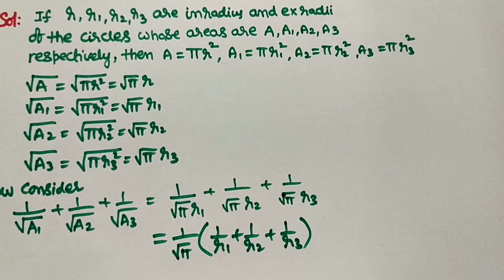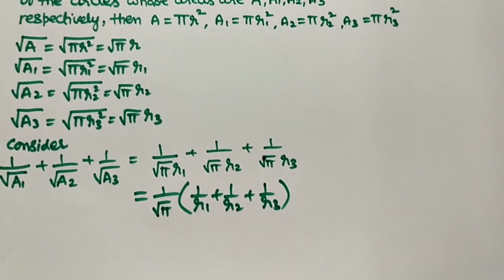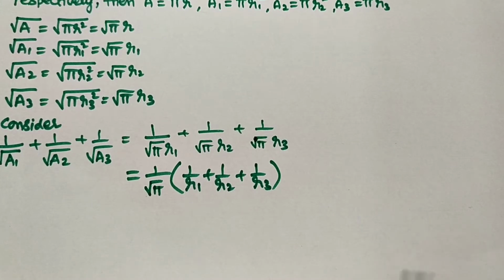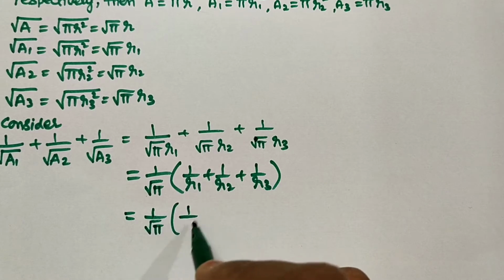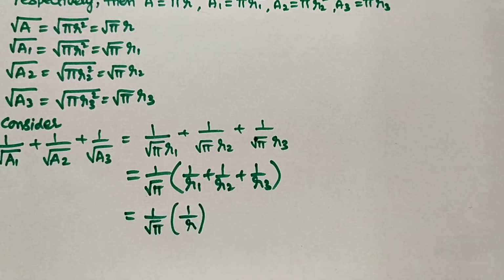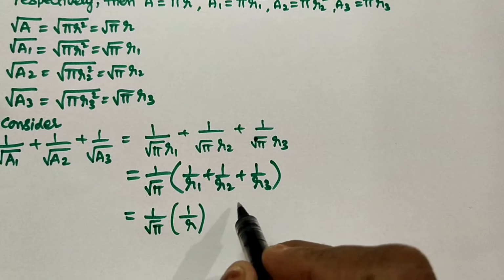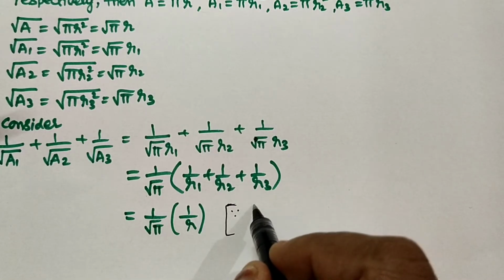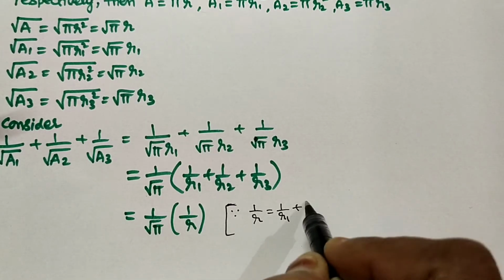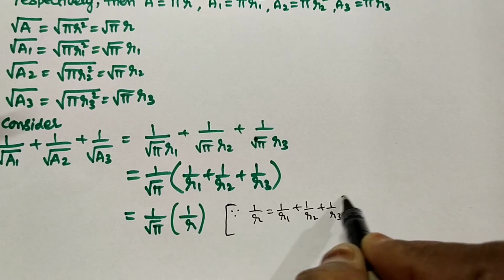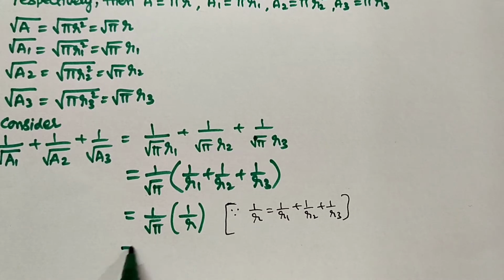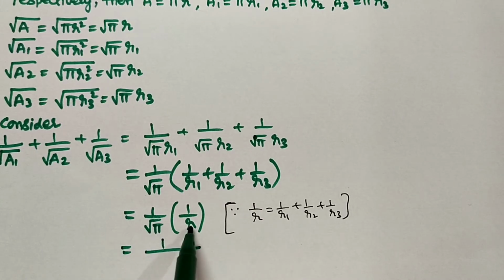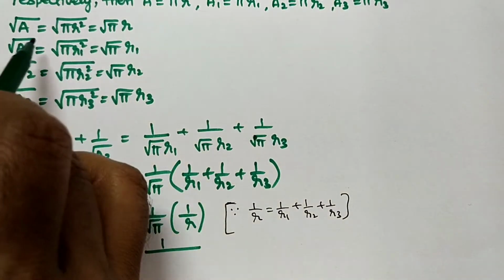We discussed in the previous sessions that 1 by r1 plus 1 by r2 plus 1 by r3 equals 1 by r. So we have 1 by root pi into 1 by r. In properties of triangles, we have this result: 1 by r equals 1 by r1 plus 1 by r2 plus 1 by r3. So now substitute there. We will get 1 by root pi r. Root pi r means here root A only, no?